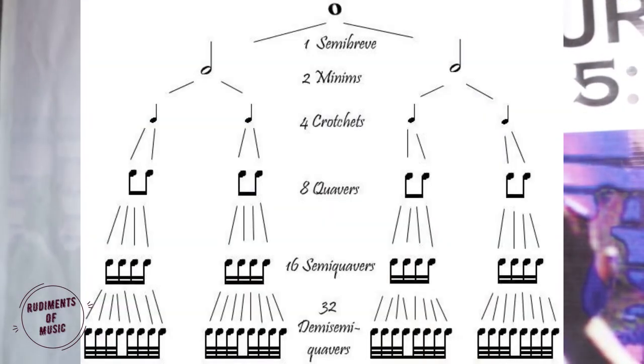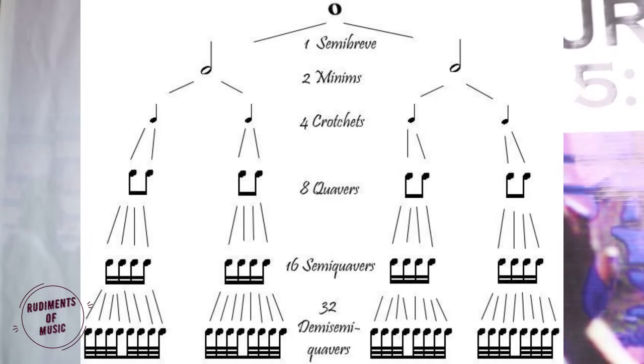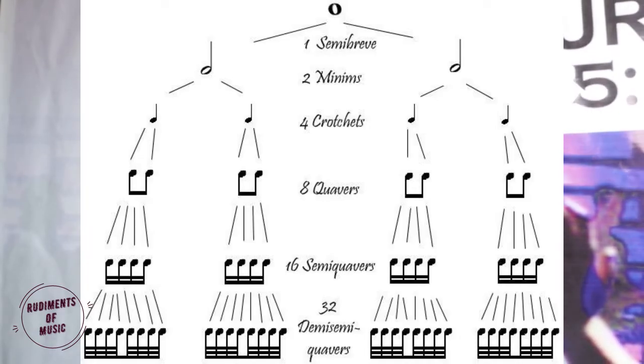So let's move on. Over here is the note pyramid. This helps you to know the value of each note, how it is broken down from the breve or the semibreve down to the 64th note.